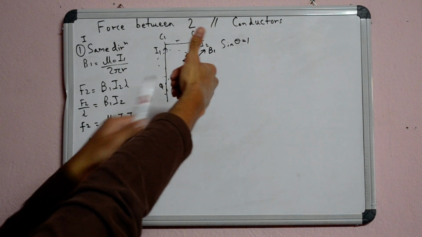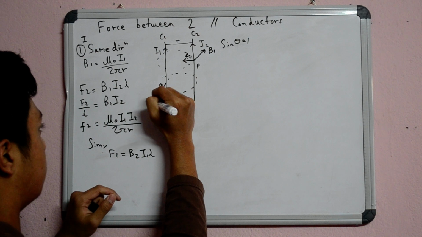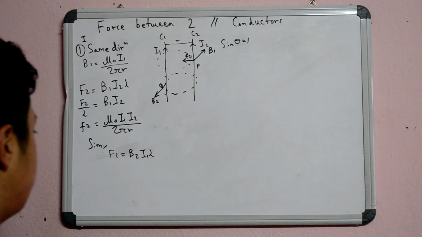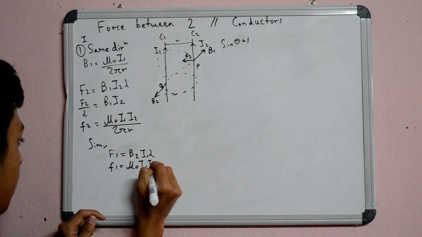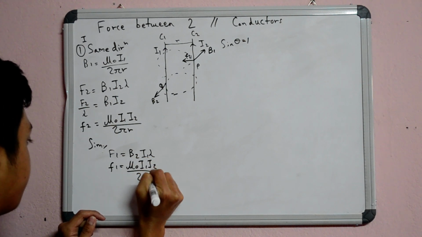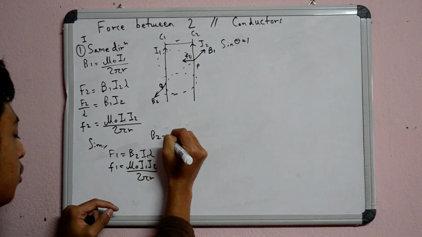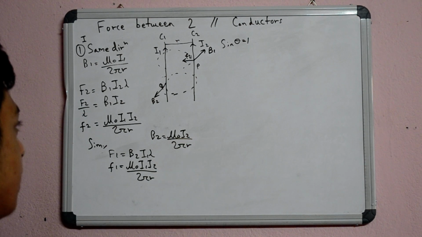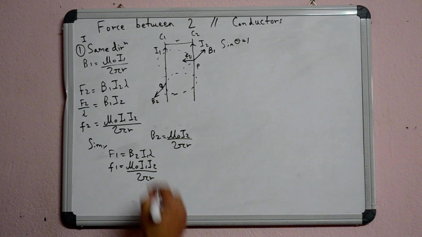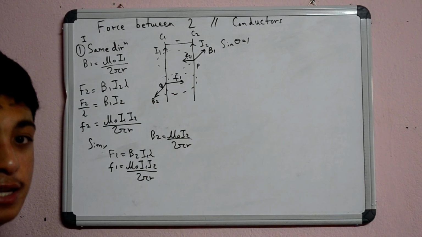It is outwards, it's coming outwards, right? So that is B2, and here F1 is mu naught I1 I2 by 2 pi r, because B2 is equal to mu naught I2 by 2 pi r. Its direction, I'll just tell you, will be inwards, by Fleming's left hand rule again.